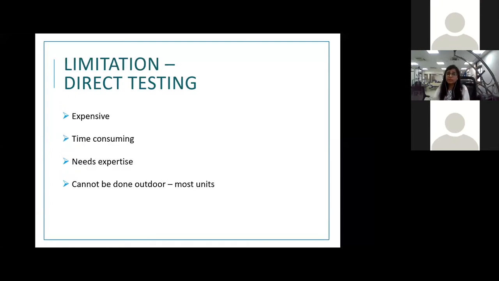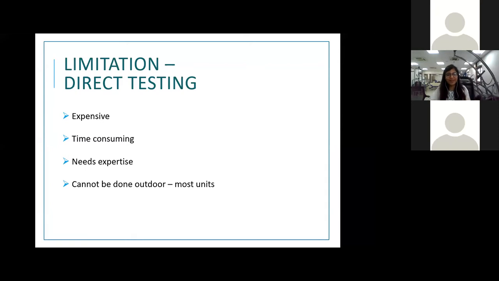Now, what are the limitations of direct testing? One, the test is expensive. Two, it is time consuming. It takes around 45 minutes to 1 hour, even after you have good expertise to start and finish the test. It also needs expertise. I would like to add one comment: it took around 15 to 18 wrong tests before I could do the first right test.